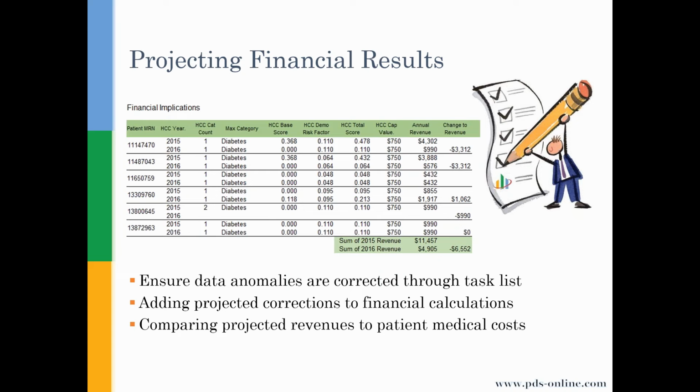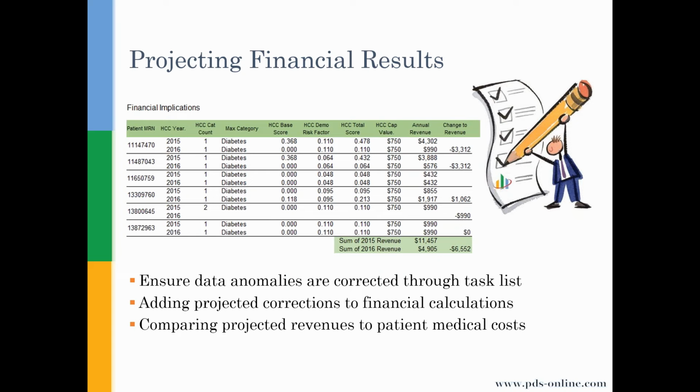This is a spreadsheet that I might put together that would help me explain the impact to the physicians. You can see here that I've got a patient with 2 years worth of data. We can just look at that first patient. That shows that in 2015, this physician had an HCC score of 0.368, but in the current year, 2016, that impact is 0.